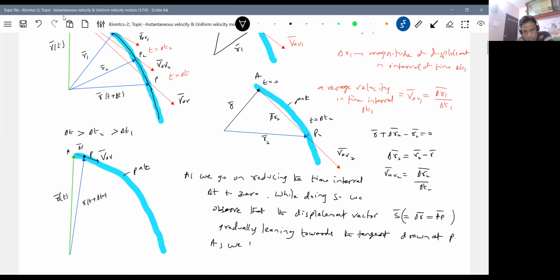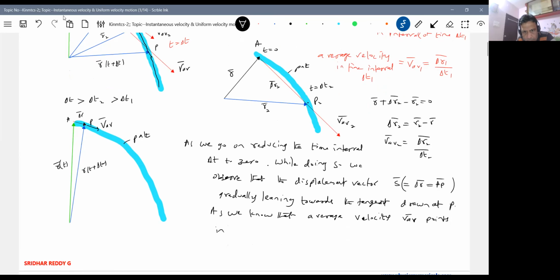So as we know that average velocity points in the direction of displacement vector delta R bar.